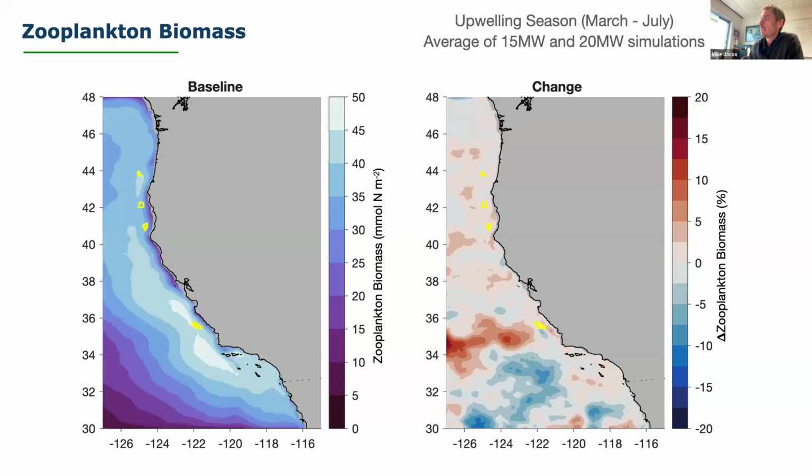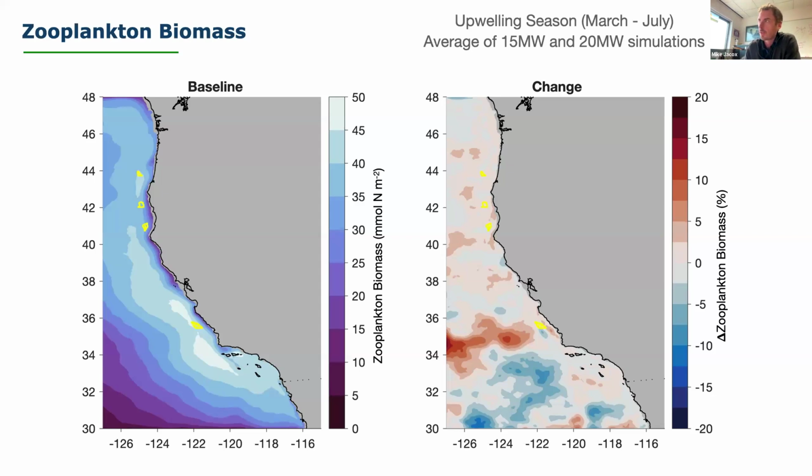When you look at zooplankton, you get a similar pattern, which is not surprising, as they're going to respond to the availability of phytoplankton. But this similar sort of dipole of increase west of the farm and then decrease to the south. And I'll also say, just for those more familiar with the ecological dynamics, associated with these changes in the total phytoplankton or total zooplankton abundance are also changes in the community composition.